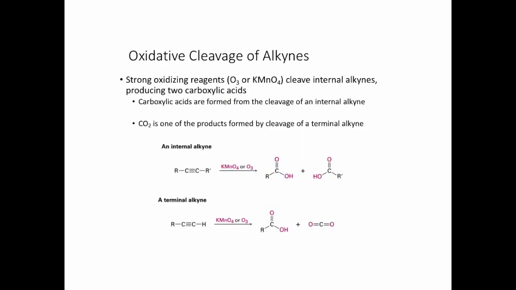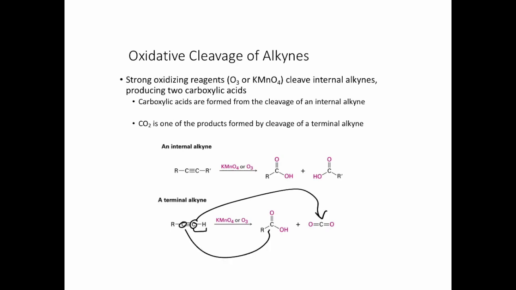You can also perform oxidative cleavage of alkynes. It's actually a little bit simpler than what we saw with alkenes, because no matter what you use, ozone or KMnO4, you always get carboxylic acids for internal alkynes, or if you have a terminal alkyne where one of the carbons is attached to a hydrogen, you get a carboxylic acid plus CO2. So this carbon becomes the carbon of CO2.